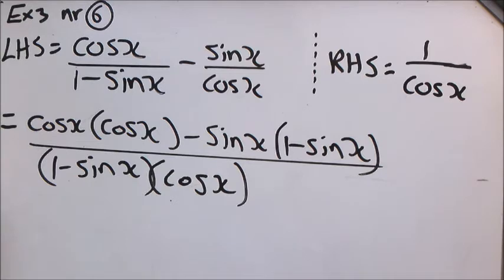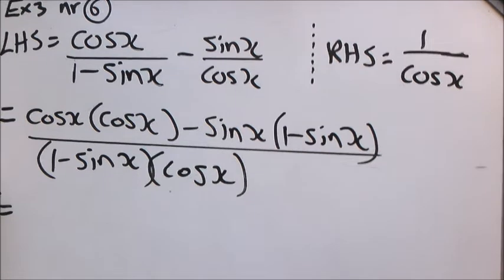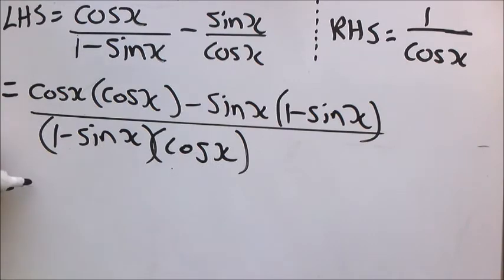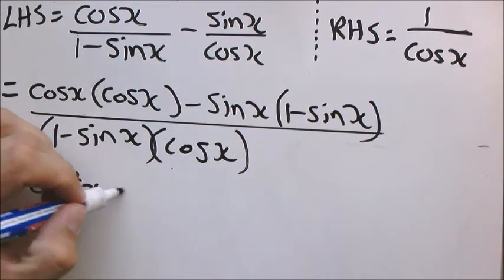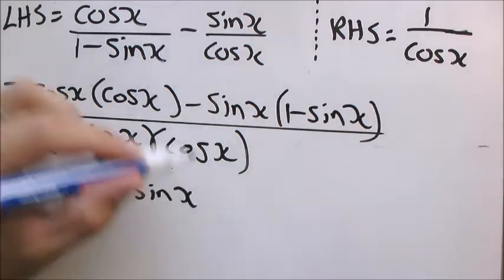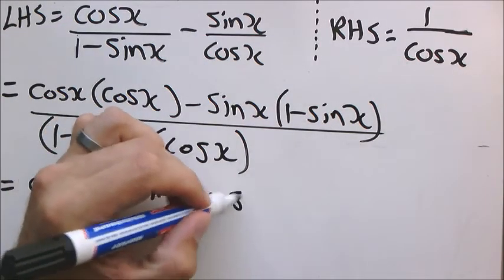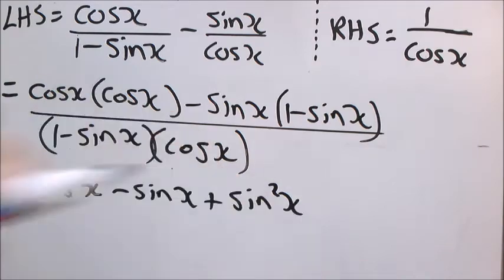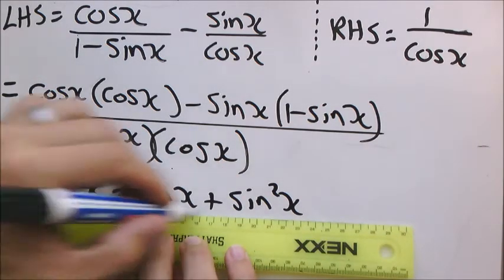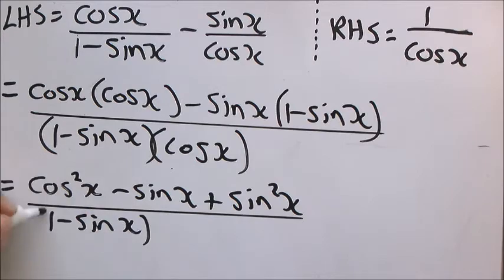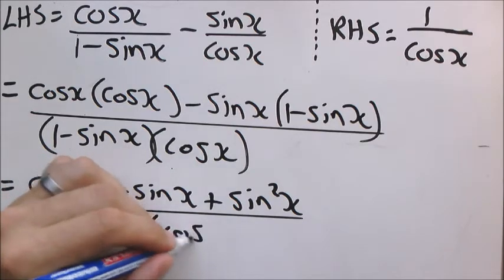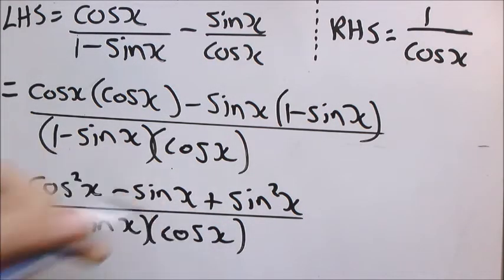So let's simplify the numerator. So cos x times cos x is cos squared x minus sine x plus sine squared x, divided by 1 minus sine x in a bracket times cos x.